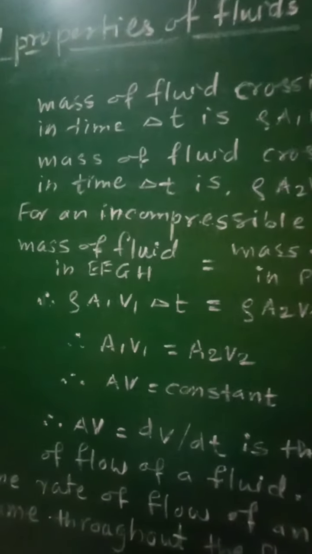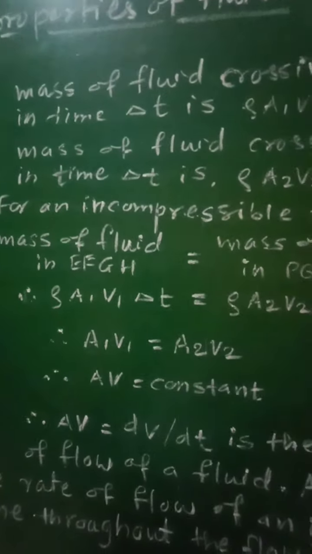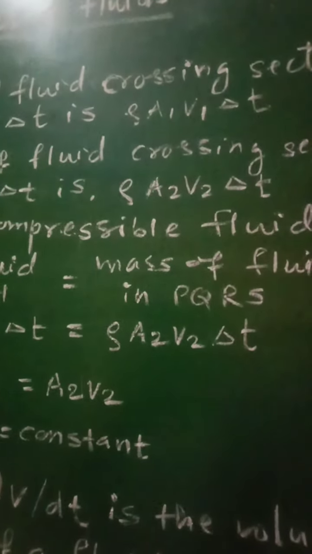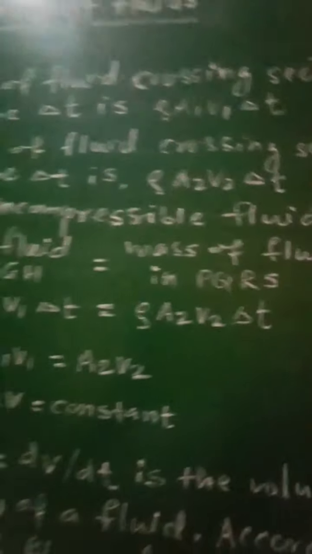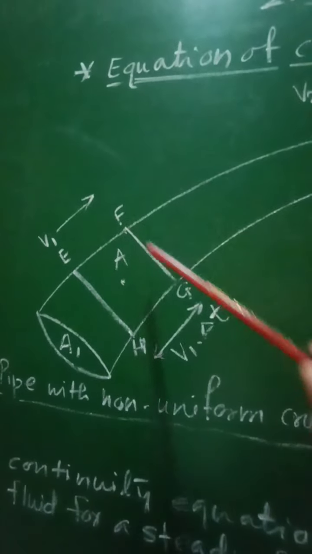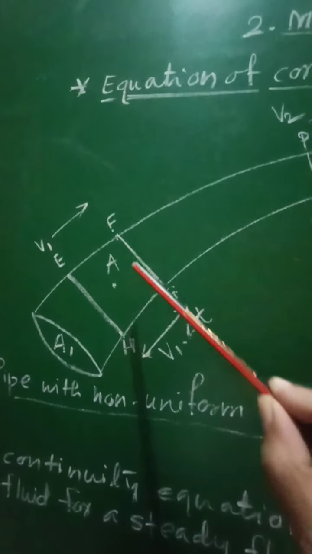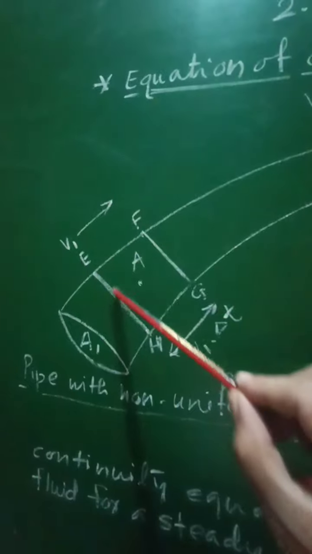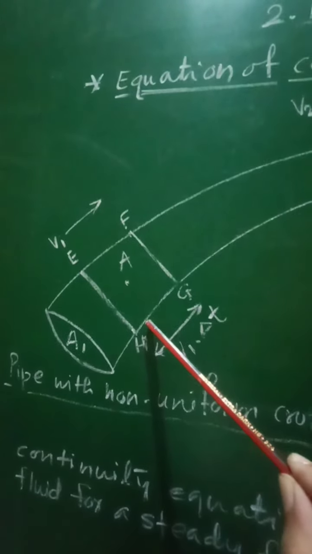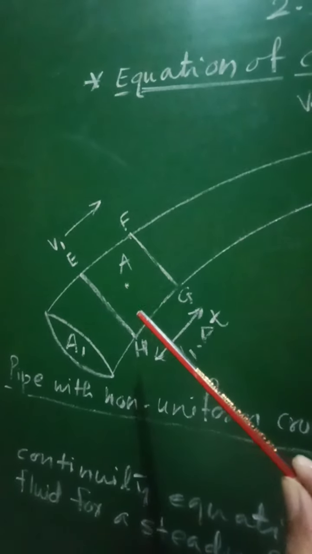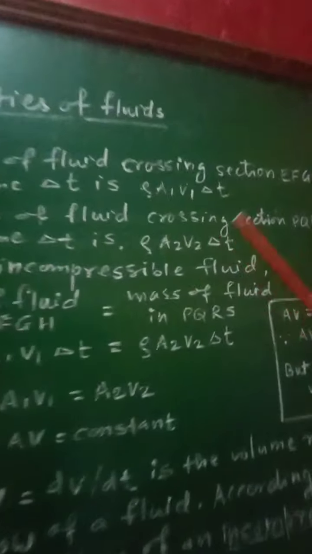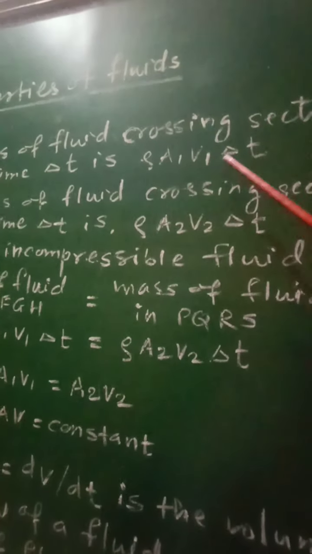EFGH in time interval delta t is given as rho into A1 v1 delta t. So in this diagram, if you consider this section EFGH, then the mass of the liquid contained in this section EFGH will be given by the formula rho into A1 v1 delta t.